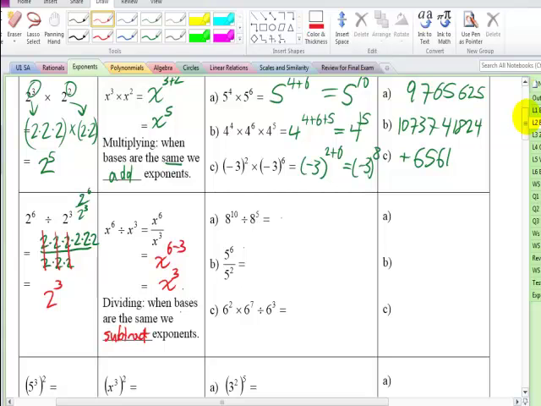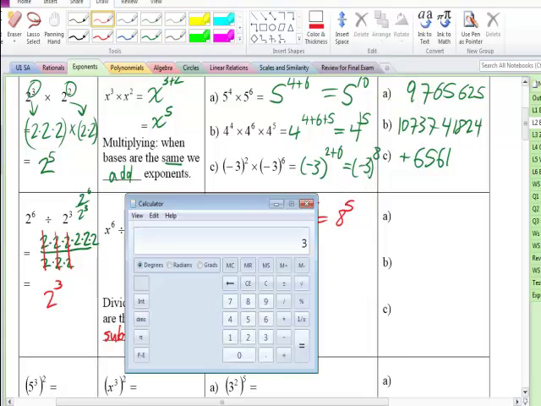Please complete A, B, and C. 8 exponent 10 minus 5, 8 exponent 5, then go to your calculator.